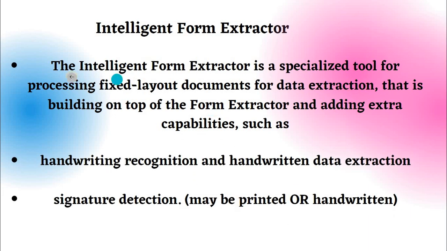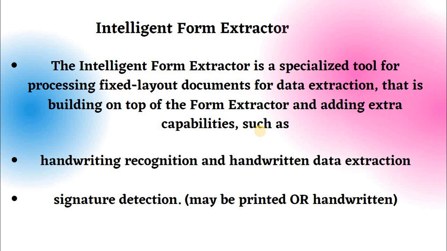Intelligent form extractor. The intelligent form extractor is a specialized tool for processing fixed layout documents for data extraction. It builds on top of the form extractor and adds extra capabilities. Form extractor has the fixed format capabilities, so if you are dealing with fixed format documents, we use form extractor.